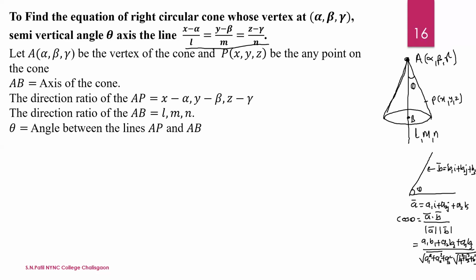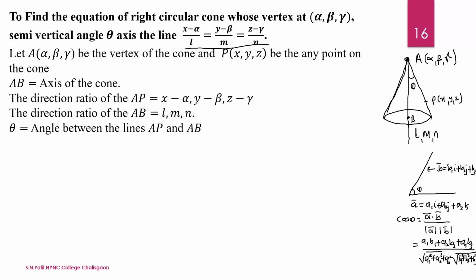Now similarly here, suppose AP is a vector with components x minus alpha, y minus beta, z minus gamma, and this is another vector, suppose b bar, with these components. So here the a1, a2, a3 are the components, which we consider as the DRs.